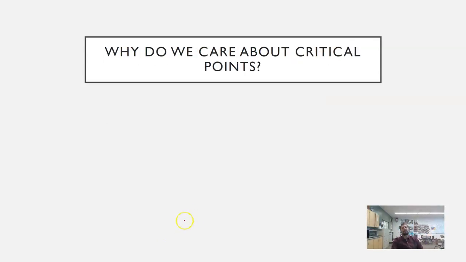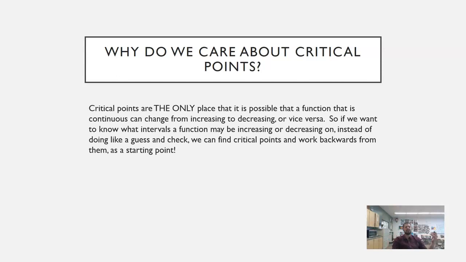And the reason for that is because there are just a few of those at most on a graph, what we're going to do is we're going to work backwards, because before that point, and here's the idea behind a critical point, that is the only place on a graph where we can change from increasing to decreasing, or vice versa.